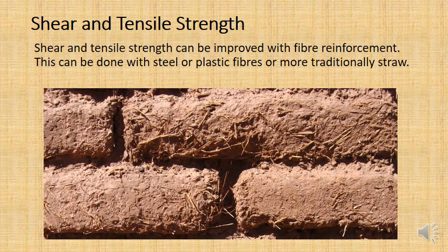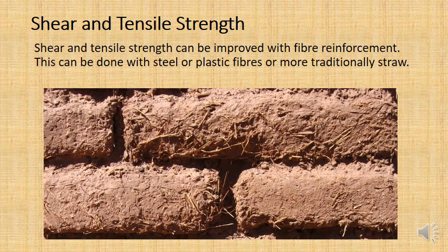Now, remember what I said, that it's a similar material to concrete in that it actually has pretty good compressive strength, but it's a lot weaker in shear and tensile strength. Now, what can you do to improve the shear and tensile strength of a masonry block?